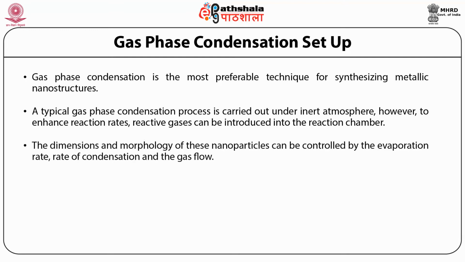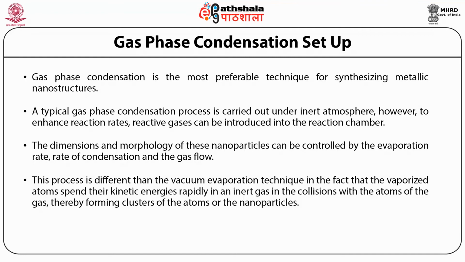The dimensions and morphology of these nanoparticles can be controlled by the evaporation rate, rate of condensation, and the gas flow. This process is different from the vacuum evaporation technique in the fact that the vaporized atoms spend their kinetic energies rapidly in an inert gas in the collisions with the atoms of the gas, thereby forming clusters of the atoms, or the nanoparticles.